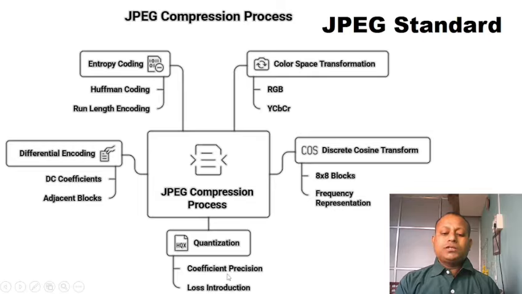In quantization, the coefficient precision is reduced and loss is introduced, and in differential encoding, the DC coefficients are adjusted across blocks used in the discrete cosine transformation. After that, it uses Huffman coding and run-length encoding for entropy coding in the JPEG standard. We'll discuss the whole process in the next step.